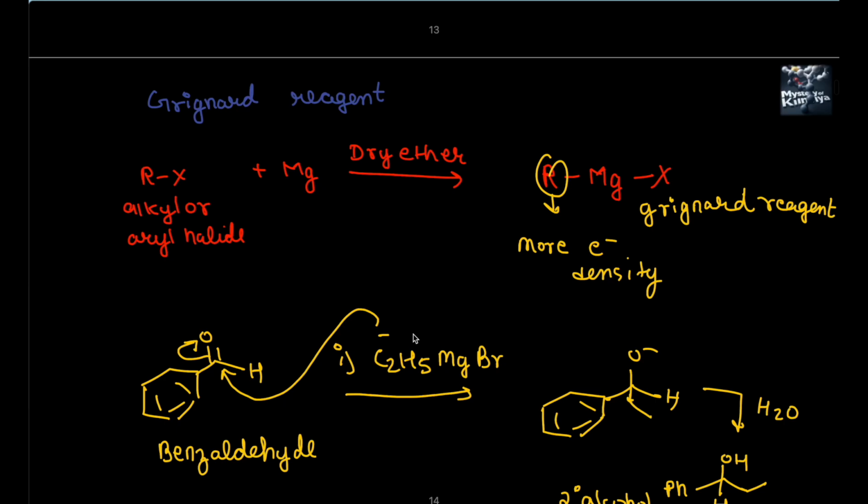Generally they are very reactive, because carbon is not very electronegative and it easily donates electrons to an electrophile or a proton, and hence acts as a nucleophile and base respectively. Thank you for watching the video.